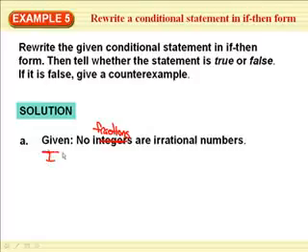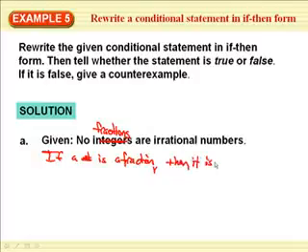So if a number is a fraction, okay, that's the if part. Then we say then it is not irrational. Remember, irrational means it cannot be a fraction, and that is a true statement.